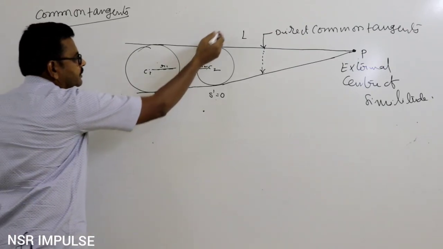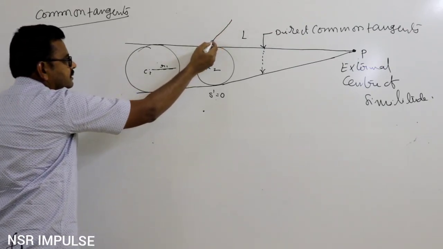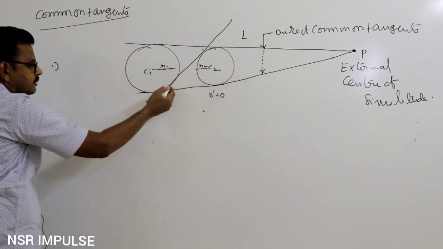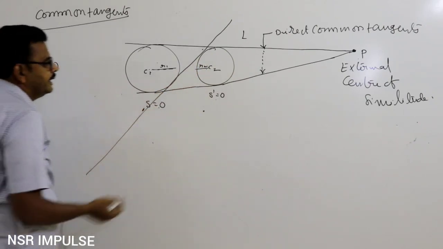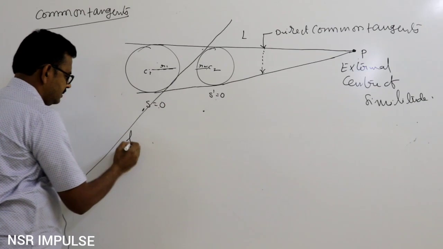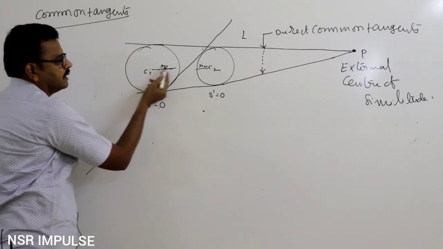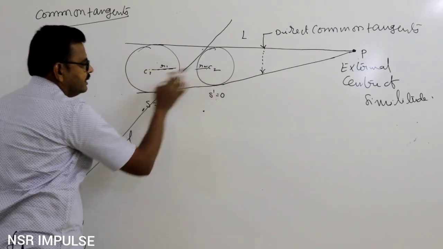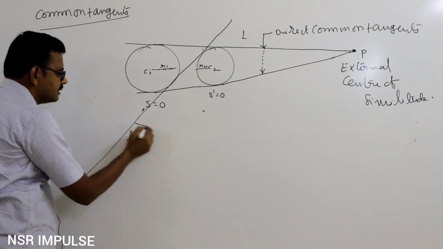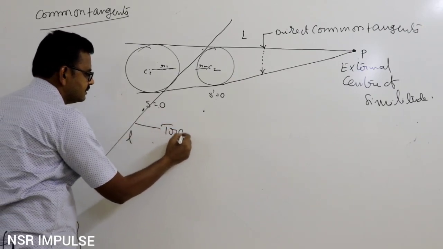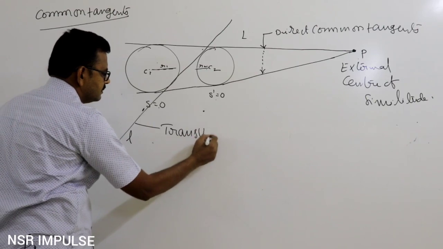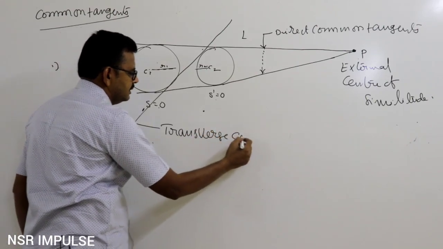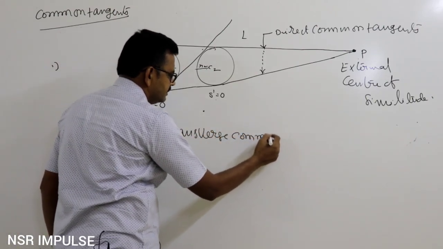Next, if the two circles lie on either side of the line L, that is, the two circles lie on opposite sides of the line L, then this line is called a transverse common tangent.